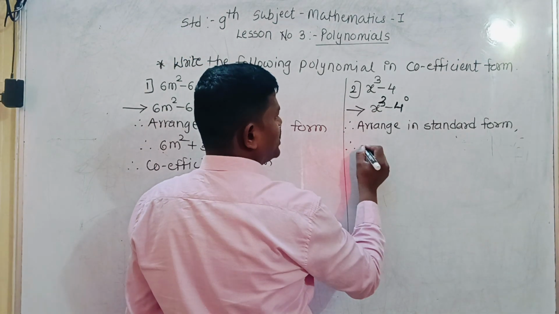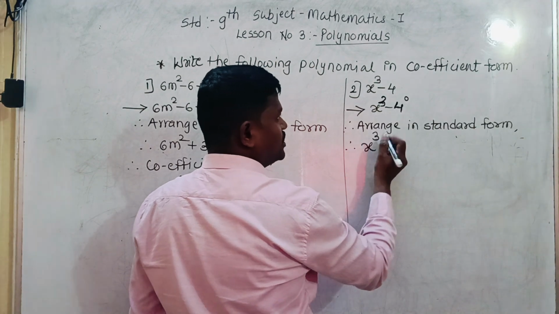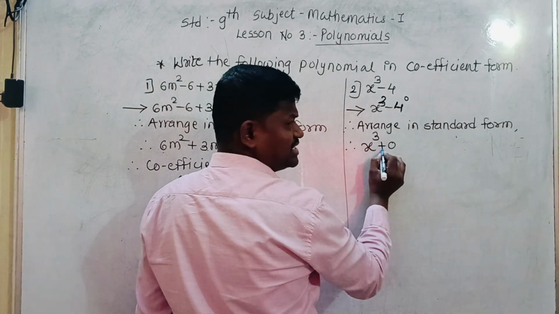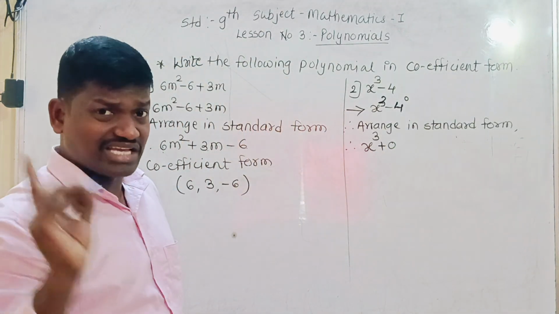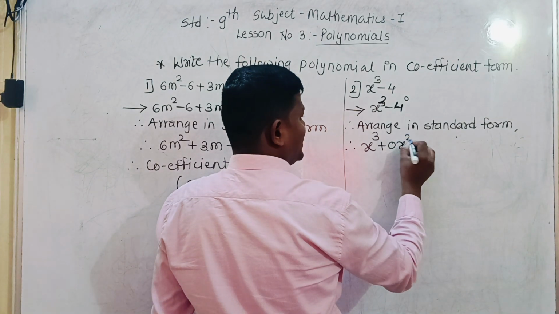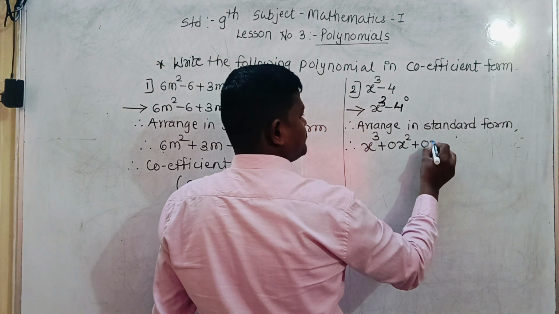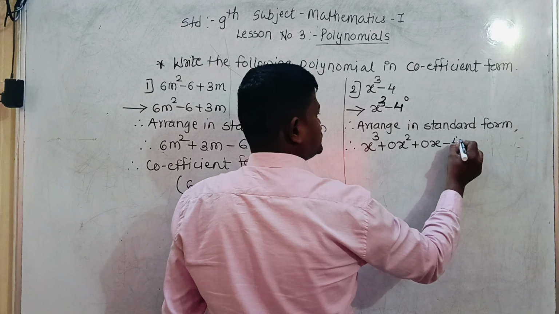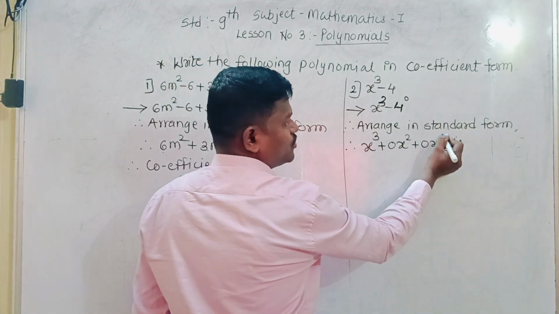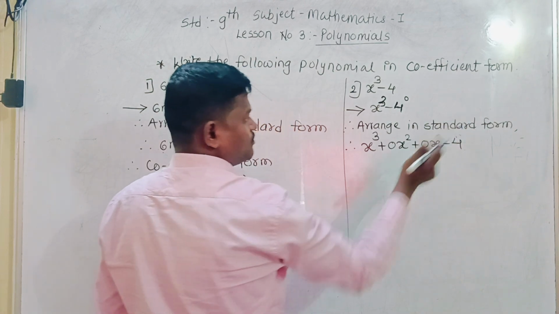After that we have to arrange our sequence. So x cube, the square is missing, so write down plus, always plus. For a missing term you always write the plus sign. So then 0x square plus 0x minus 4. Now check 3, 2, 1 and 0. Understood?